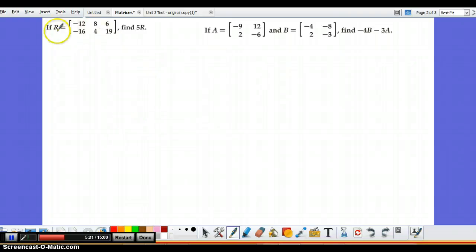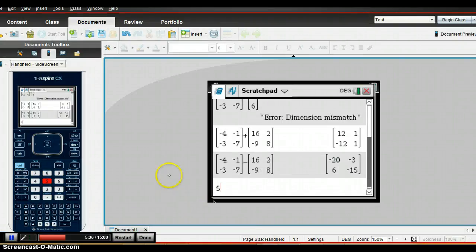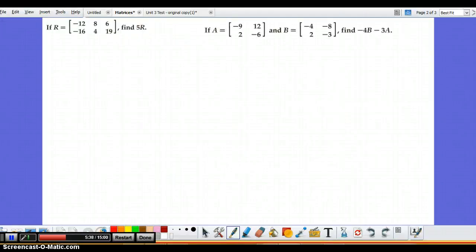All right, in this case, to be honest with you, I'm going to make this real easy. Whenever you're multiplying by a number, you just multiply them in. You can still do it in the calculator, so 5 times this. So if we put it in the calculator, it's 5, and then I want a matrix that is what? 2 by 3, right?